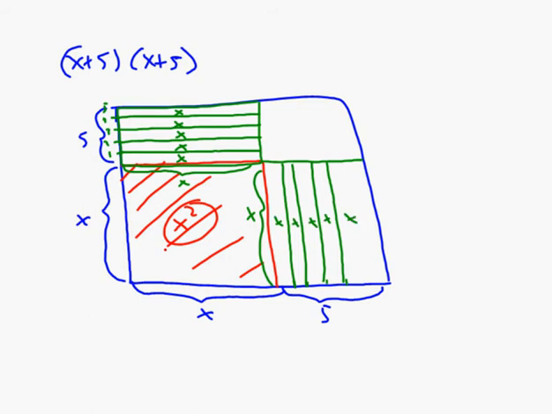And let's just start to think about what we've accumulated so far. Like I said, we were trying to do x plus 5 times x plus 5. When we did x times x, we get x squared, but that's the area of this square. What I'm attempting to do here is show you how the area of this rectangle, which is actually a square, is related to this multiplication of polynomials.